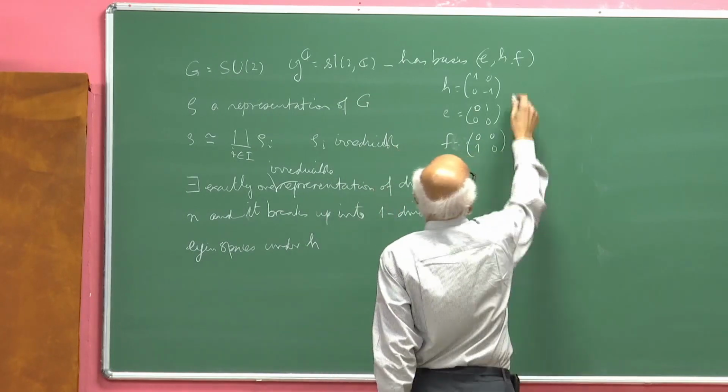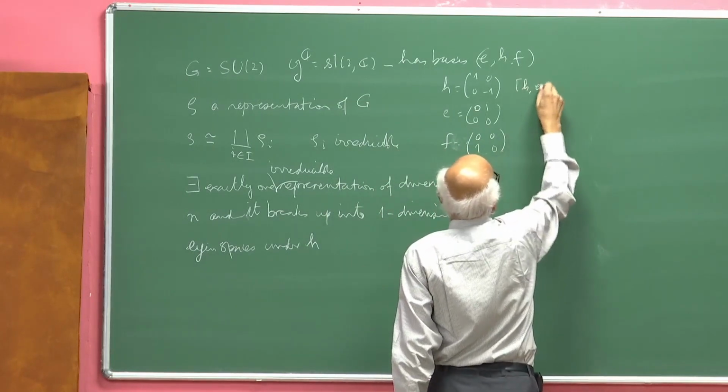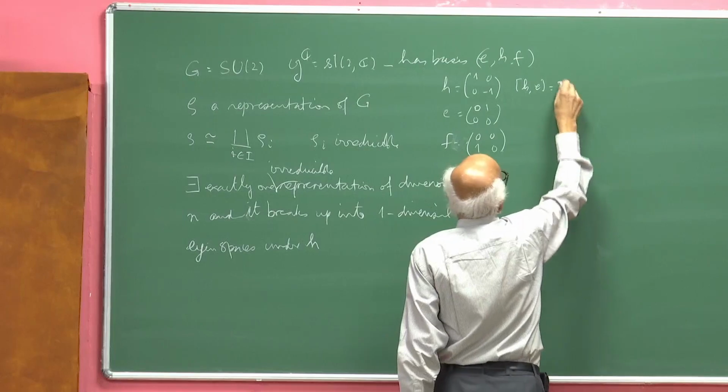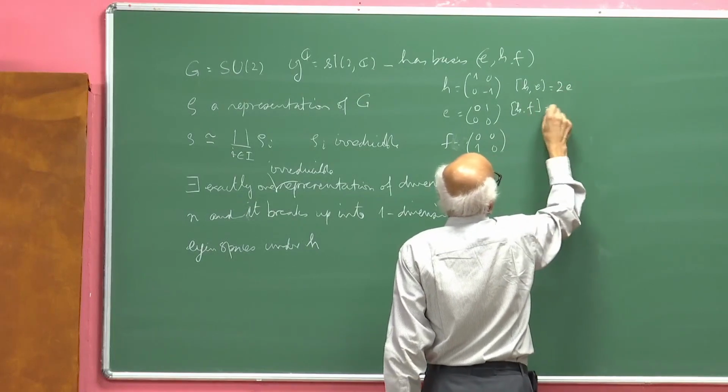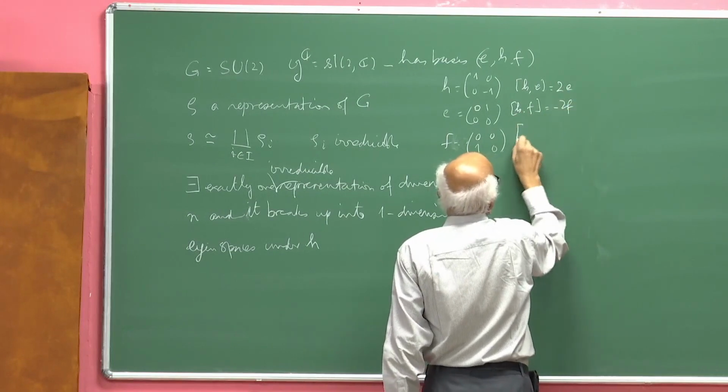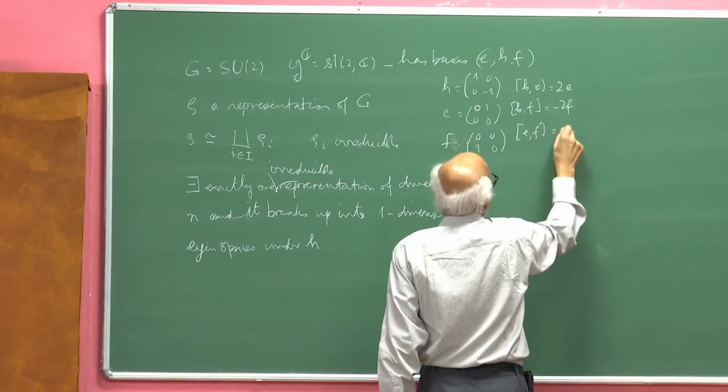And one had the bracket operations: [H,E] equals 2E, [H,F] equals minus 2F, and [E,F] equals H.